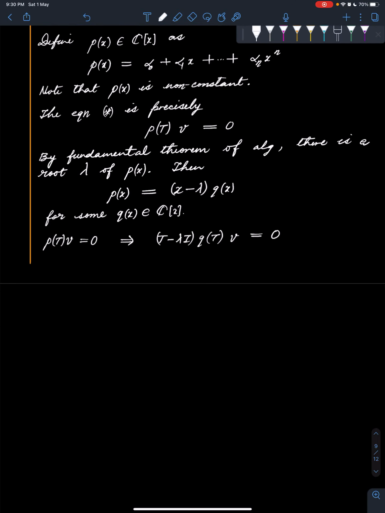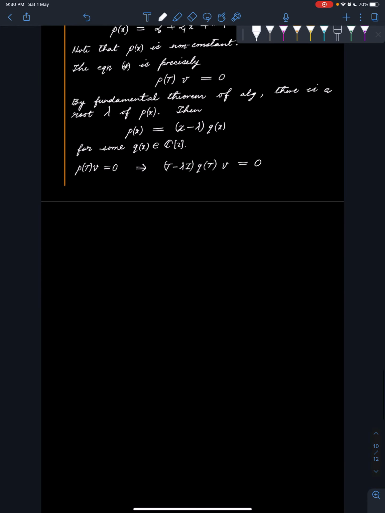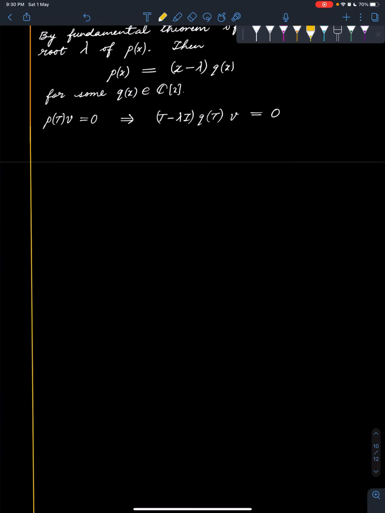Now there are two possibilities. If lambda is an eigenvalue of T, then we are done.